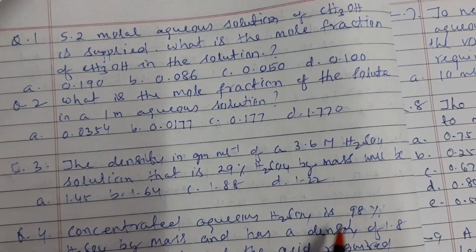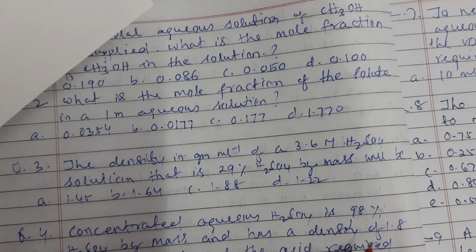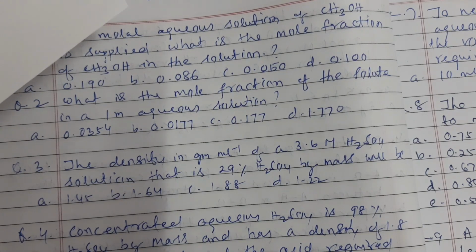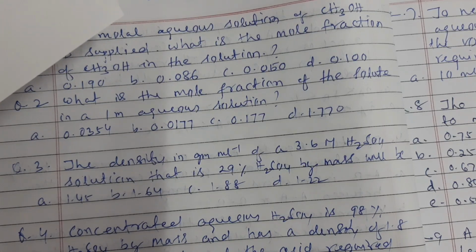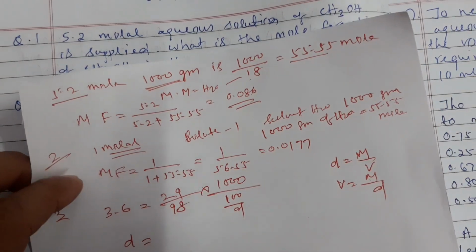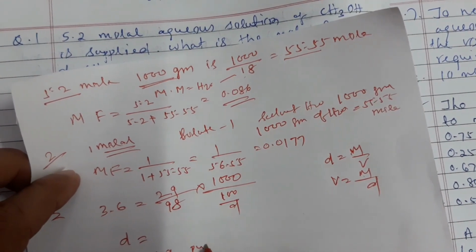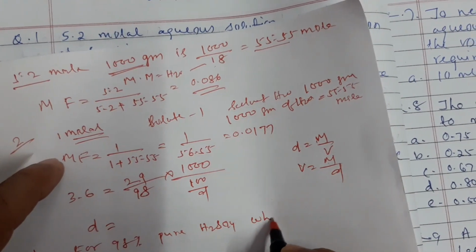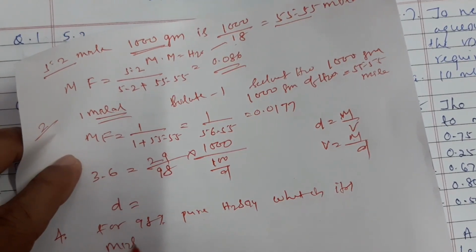Question number 4. Concentrated aqueous sulfuric acid is 98% sulfuric acid by mass and has a density of 1.8 grams per ml. The volume of the acid required to make 1 liter of 0.1 molar sulfuric acid solution is what? So 98% pure sulfuric acid, what is its molarity?